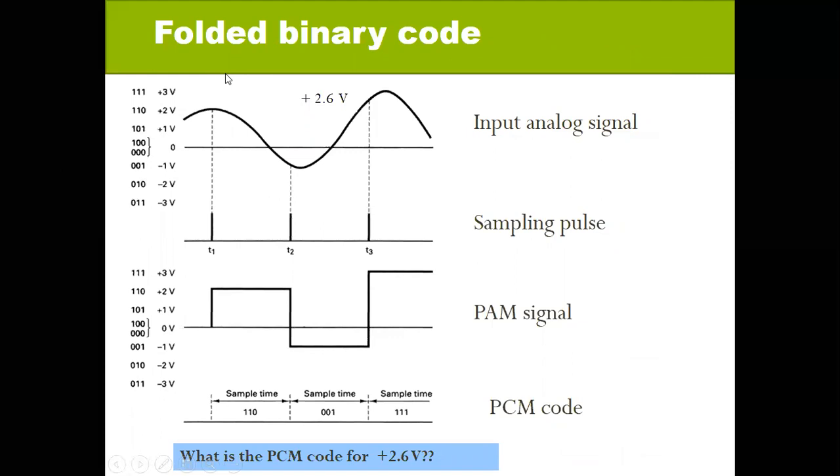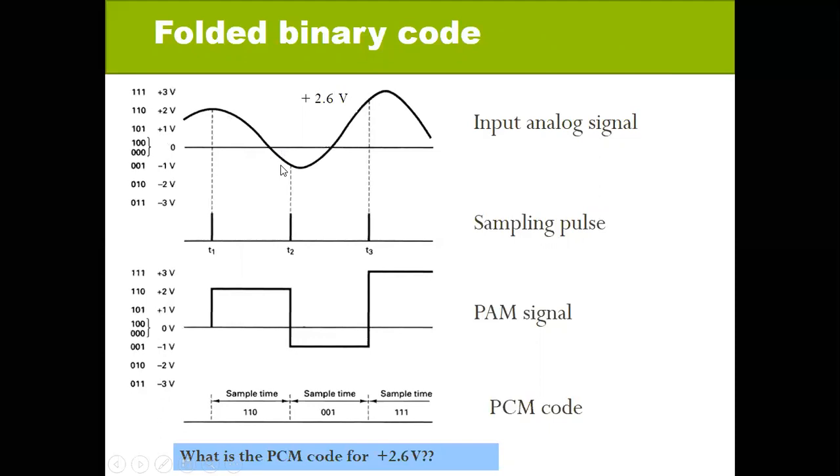Now for folded. The difference between folded and unfolded is that the 0 level is separated into 2. From 0, there is one positive and one negative level, because one bit is reserved for the sign value. Sign value means either it is positive or negative. The rest of the bits are used for the levels.